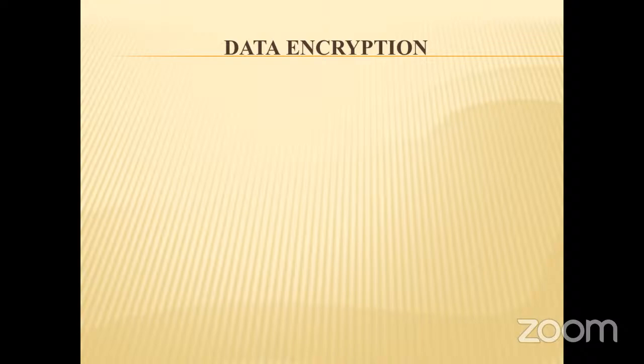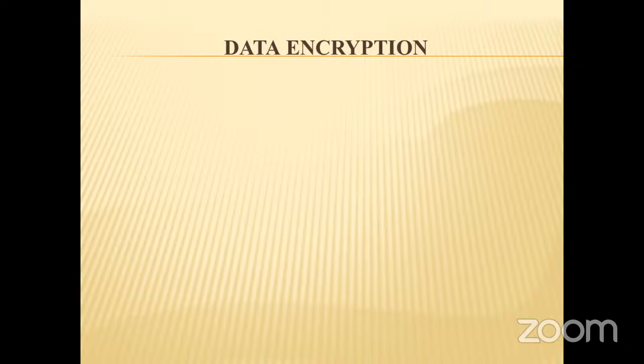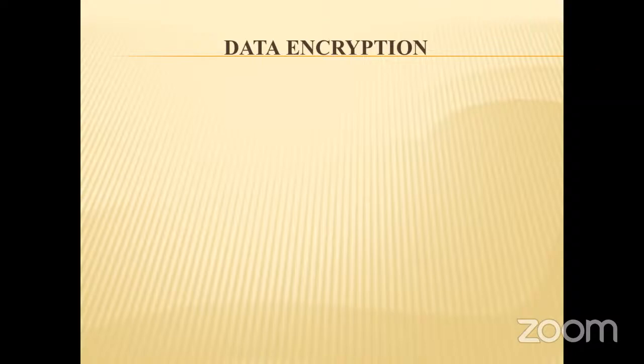So data encryption is the process of converting data into coded form to prevent it from being read or understood by unauthorized people. So you make sure that your data is in coded form, and this format should only be known by you and maybe the authorized person that you want to understand the information. It means that if I code my information, I don't expect someone to come from anywhere and interpret that information because it is in coded form.